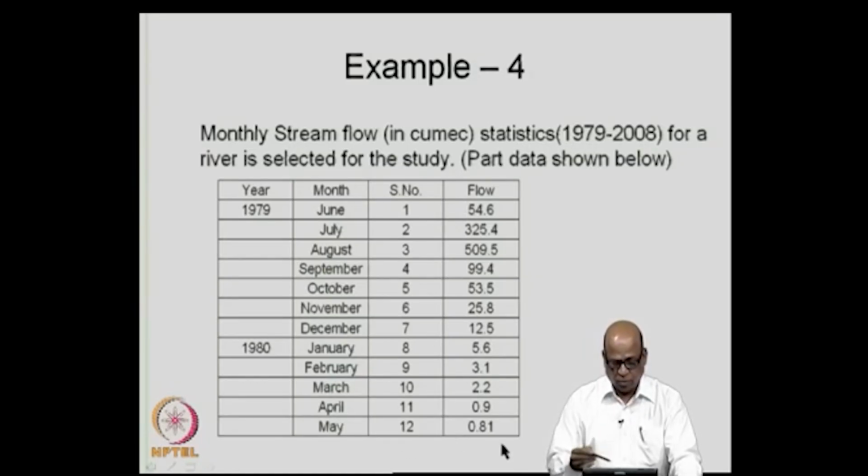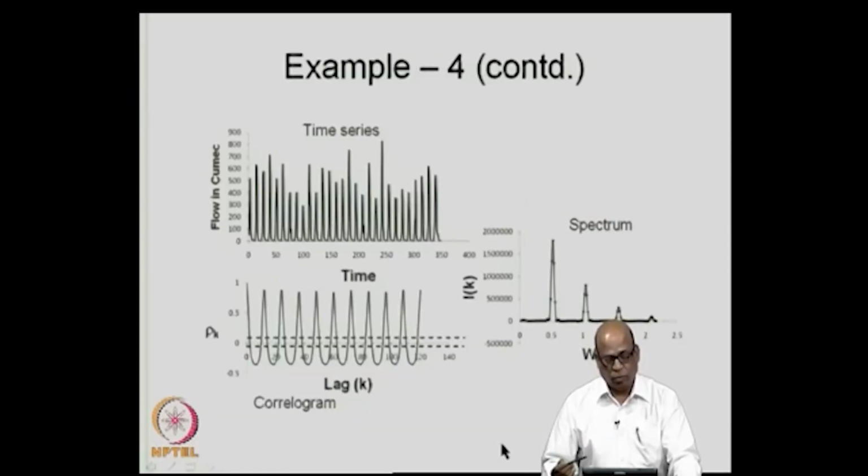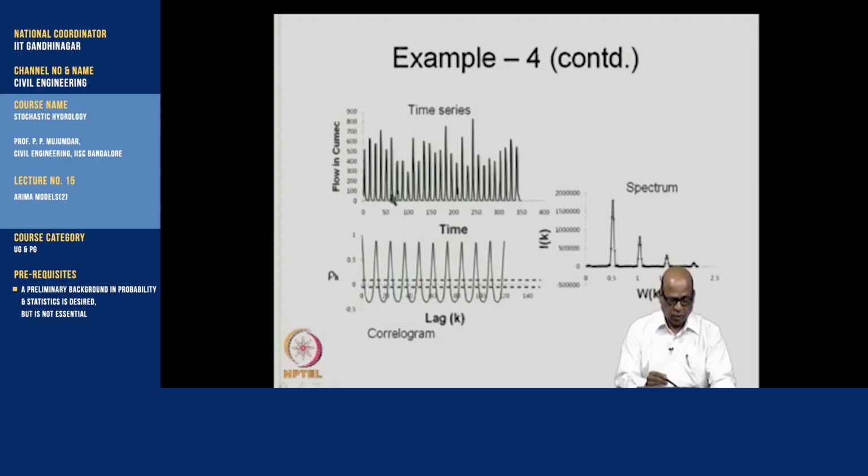Only part of the data is shown, and the time series plot was shown earlier. We have also shown earlier the correlogram as well as the spectral density. The correlogram indicates that there is a significant periodicity present.